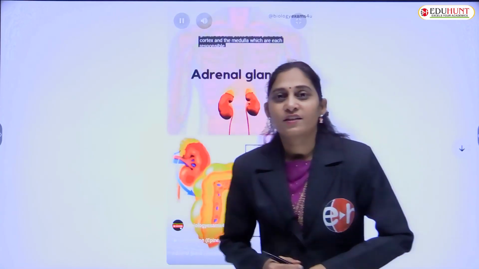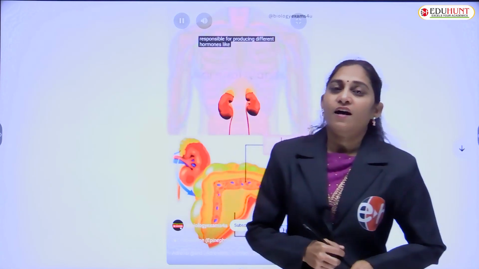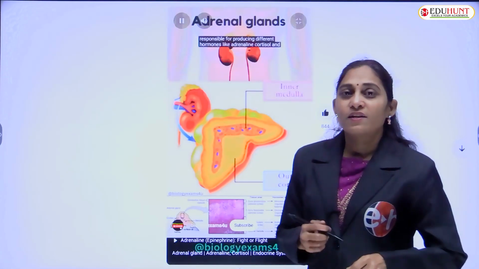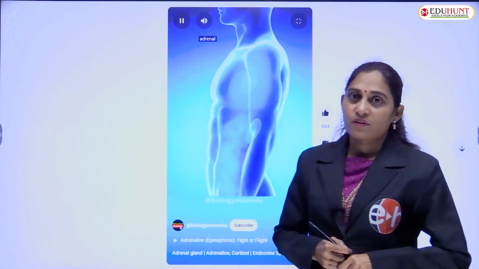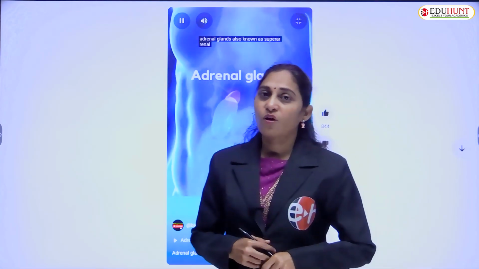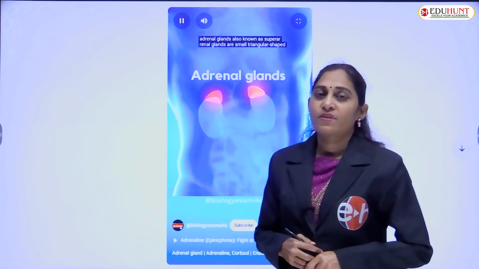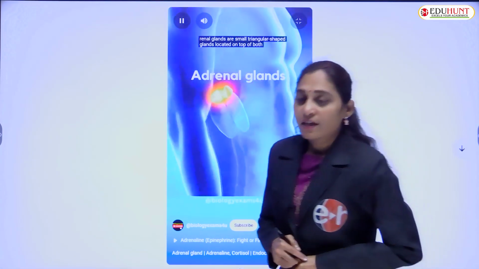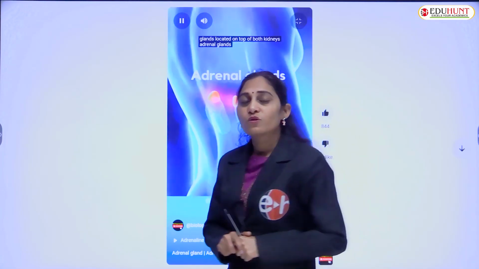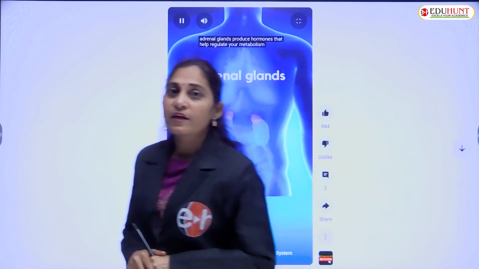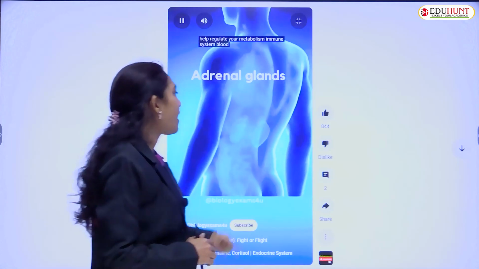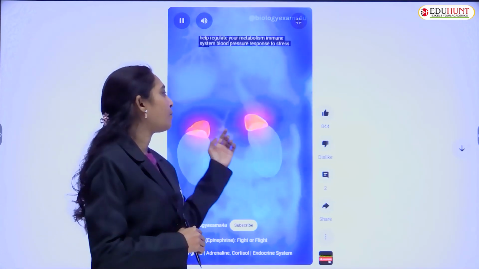And we have seen how the adrenal gland works and what the different secretions of the adrenal glands are. Basically, adrenal glands are also known as suprarenal glands as they are present just above the kidneys.